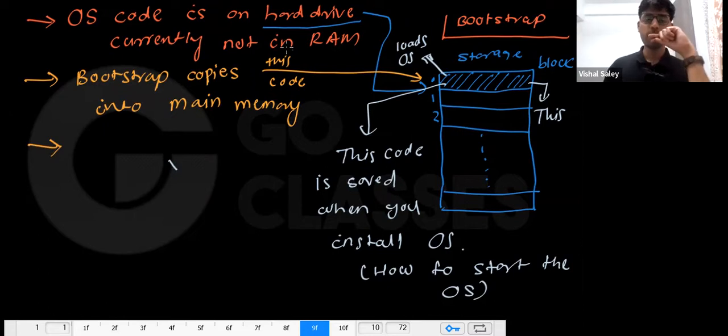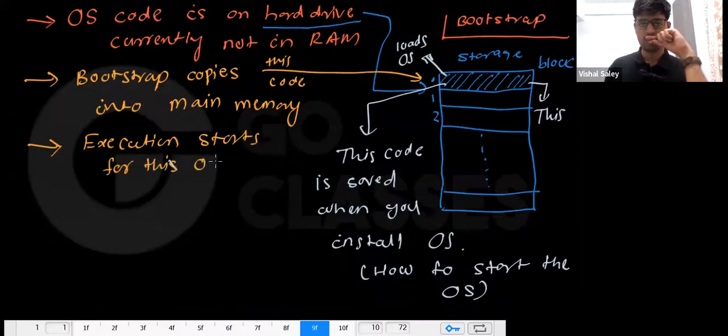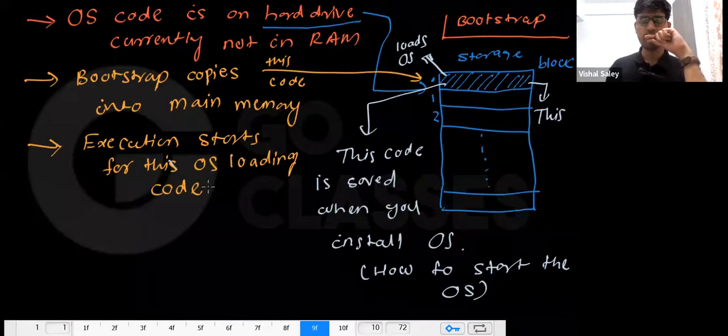What the bootstrap will do is load this part into the memory and start executing this code. Is this understood?